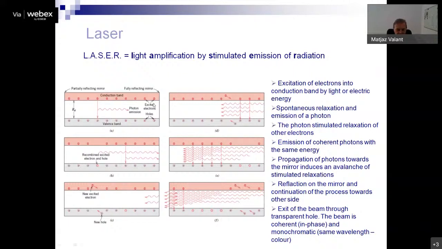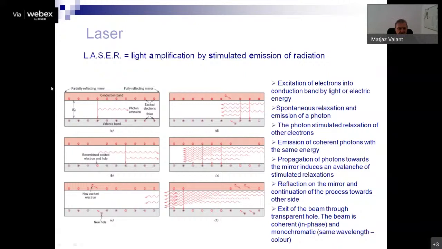So here I would like to present how we stimulate the emission of the light in a laser. What you see here normally is a slab of single crystal of any kind. This material needs to have a band gap, and this band gap determines the wavelength of the light that comes out of the laser.